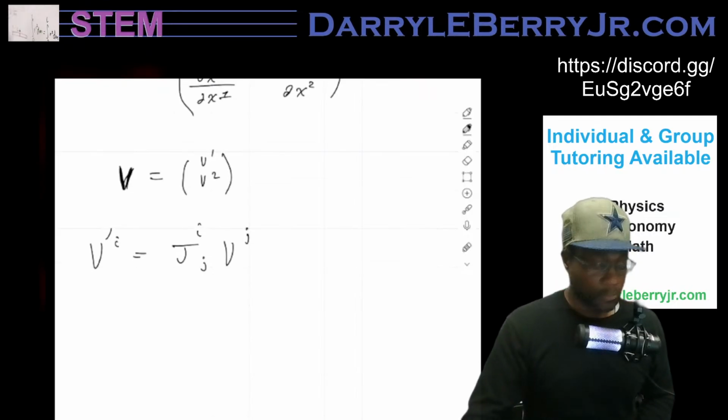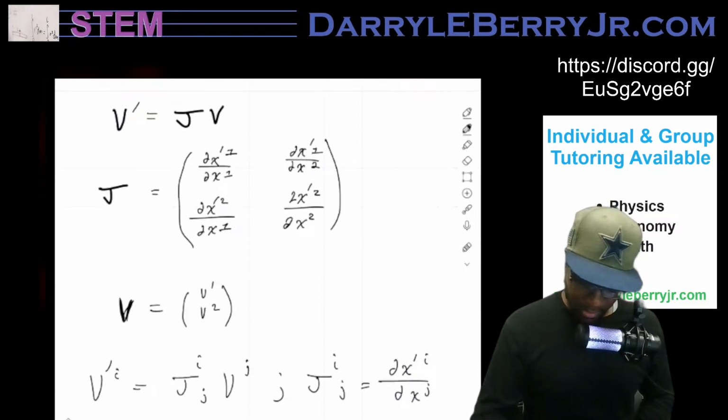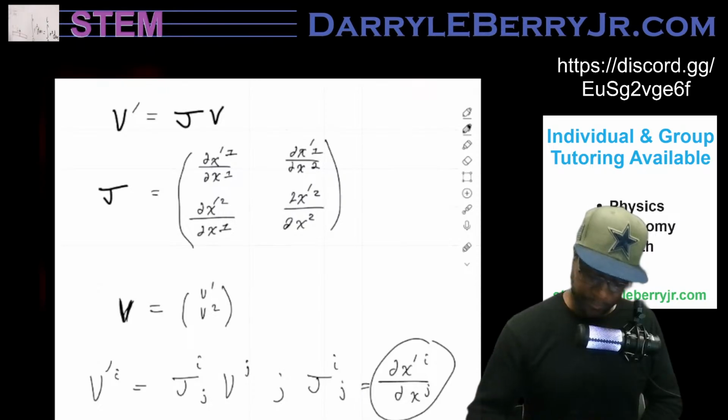And keep in mind that J I J is going to be partial x prime I over partial x J. So again, here I called it 1, 1, 2, 1, 1, 2, 2, 2. All it is is that notation there.